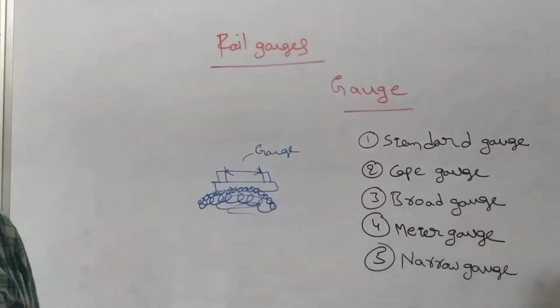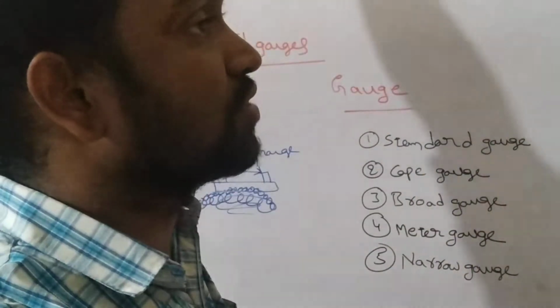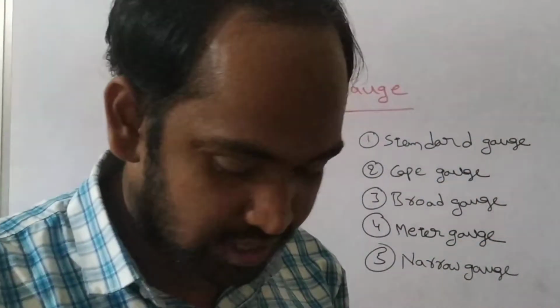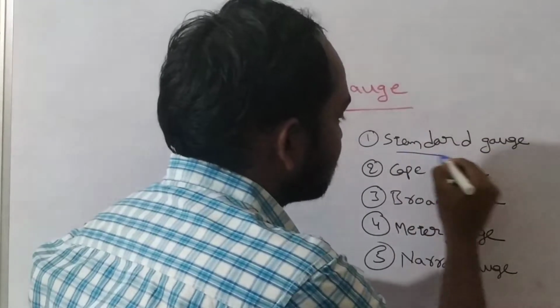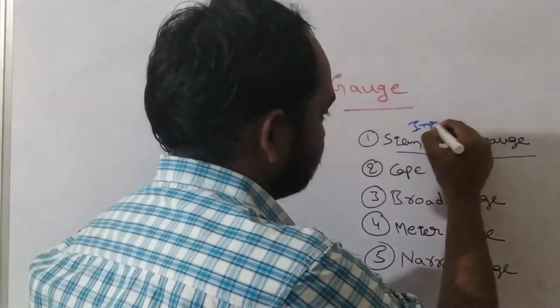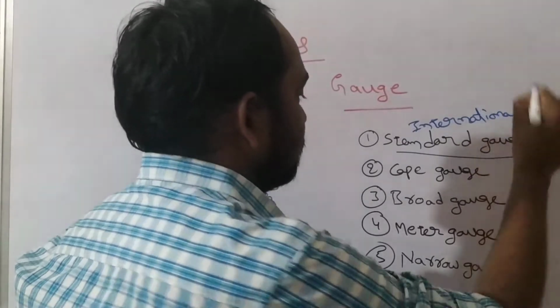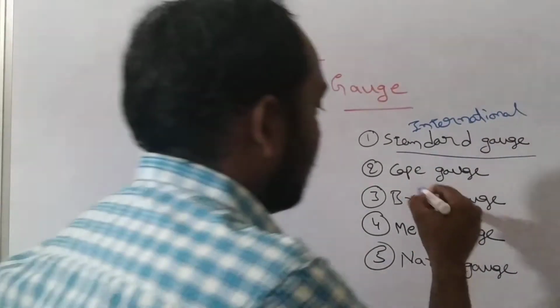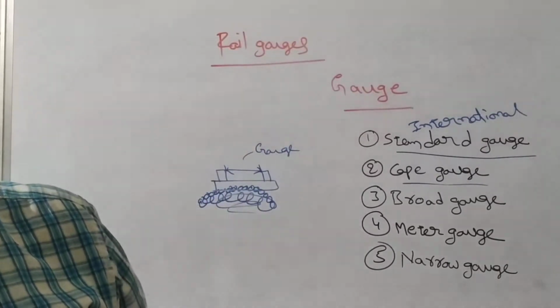Approximately 60% of the total railways in the world are using standard gauge, also called international gauge. Next is the Cape gauge, which is used in certain European countries.